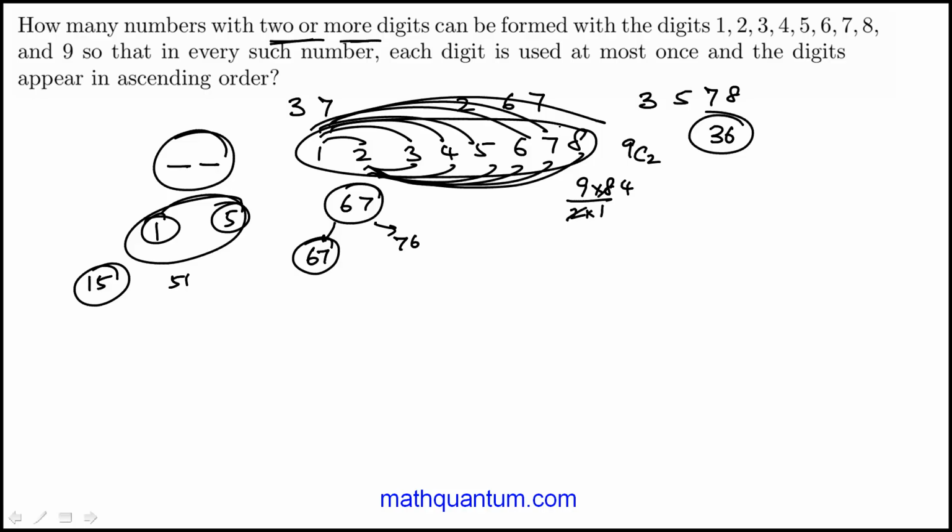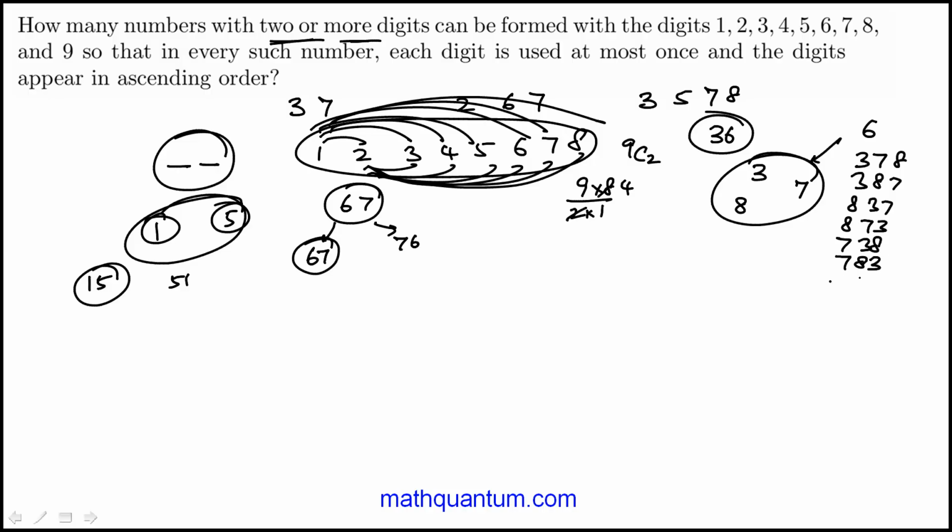Now the same applies for three-digit numbers. So let's say you select this pair, 378. We can create 6 three-digit numbers, 378, 387, 837, 873, 738, 783, and only one of them will be in ascending order.